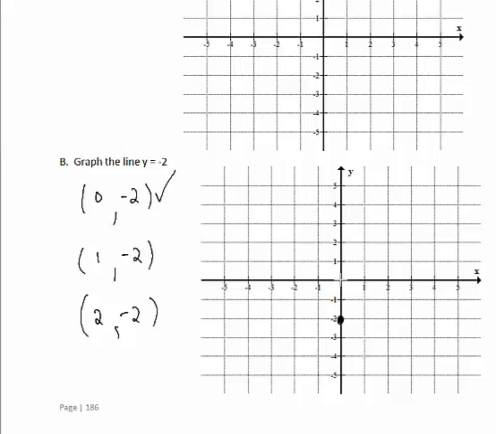Well, now we shift to the right 1, and we still go down 2, so our point falls right there. And we only need 2 points. These are side by side. If we draw a straight line through the 2 points, we get a horizontal line. If you drew the third one, we would get a point 2 to the right of the origin and 2 down from the x-axis.